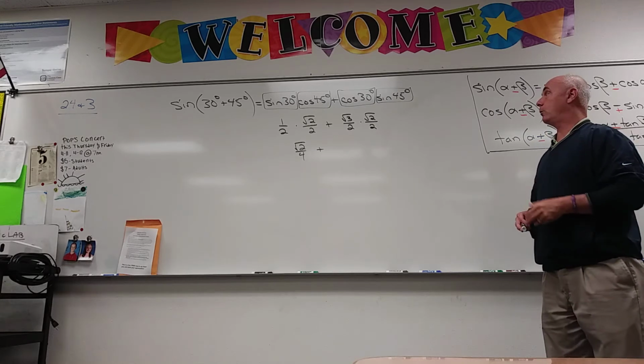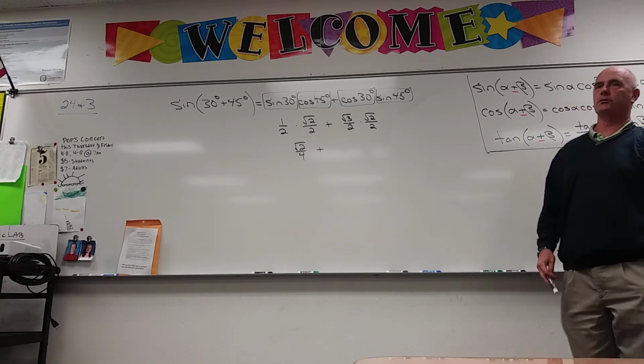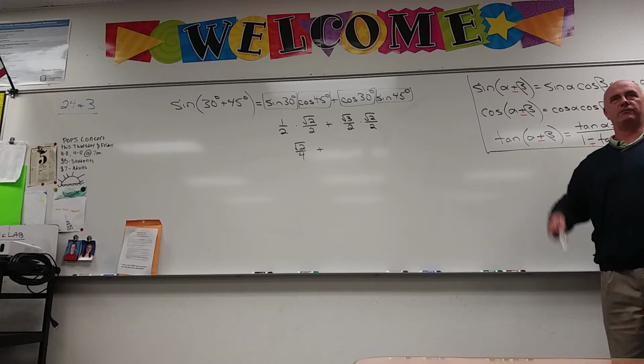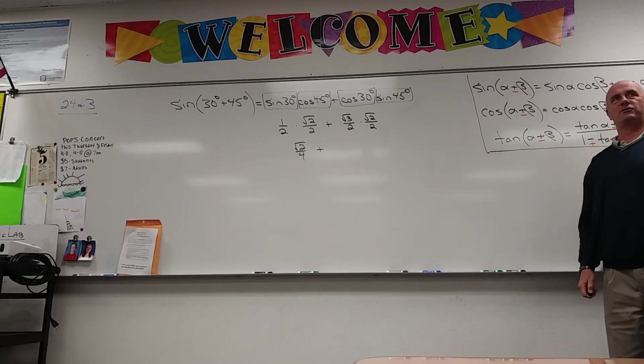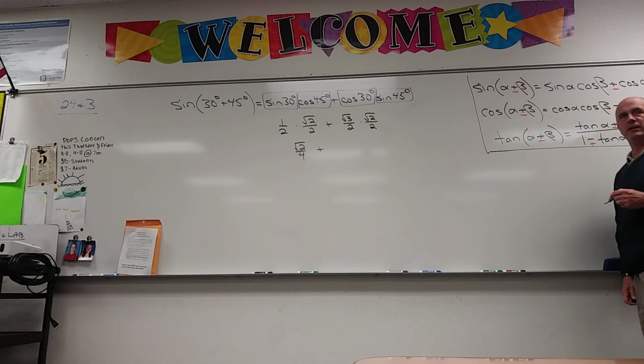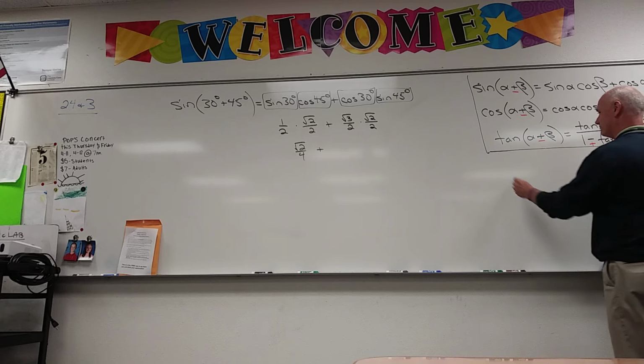What's the square root of 3 over 2 times the square root of 2 over 2? Square root of 6 over 4 and square root of 2 over 4. So the question that I'm hearing, because of the different answers, is are we allowed to multiply the square root of 3 times the square root of 2? You know me, I'm always going to answer your question with a question.